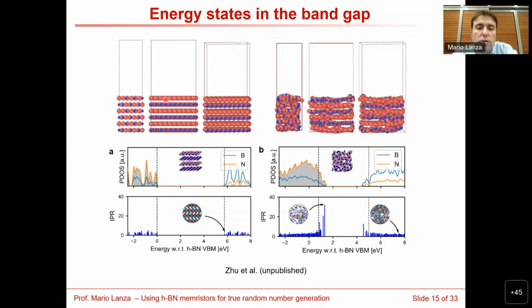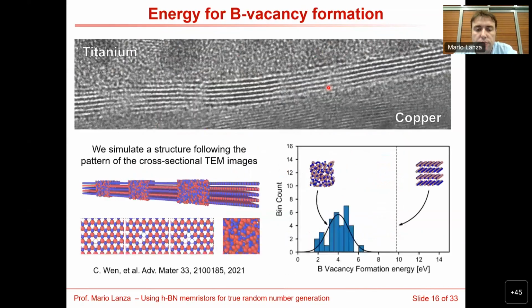So here you see an atomic scale calculation of multi-layer hexagonal boron nitride with perfect structure. We see a band gap around 6 electron volts. When we induce some defective states, we observe some states in the band gap. Okay, so these defects produce electronic states, and then the leakage current across this material can increase.